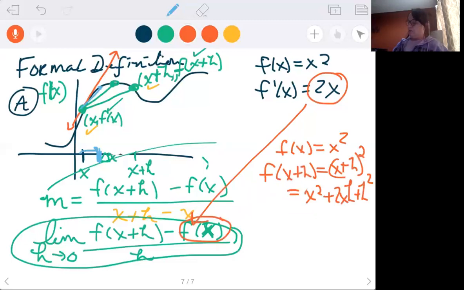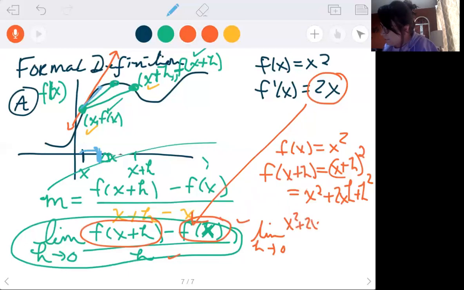So now watch when I write, this is called a difference quotient. I have the limit as h approaches 0 of f of x plus h, this guy, x squared plus 2xh plus h squared, minus f of x. f of x was x squared, all over h.